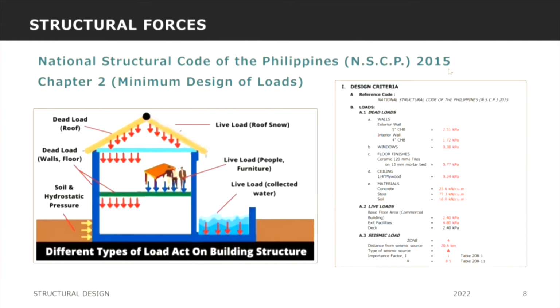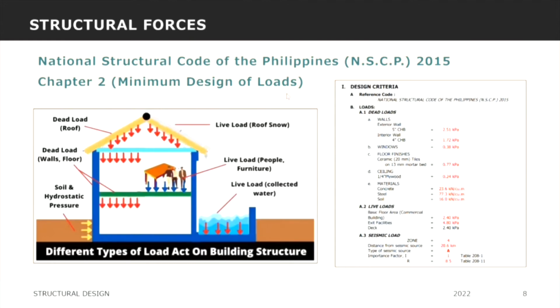Dito sa Pilipinas, ang sinusunod ay yung National Structural Code of the Philippines 2015 at yung mga table for dead loads and live loads and other information regarding loads ay makikita sa chapter 2 nito, which is the minimum design of loads.